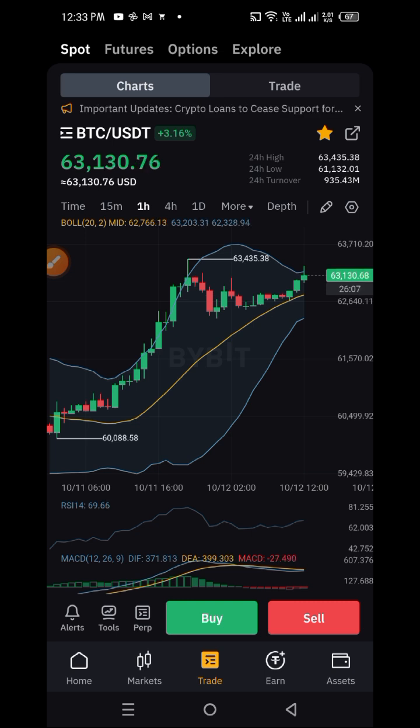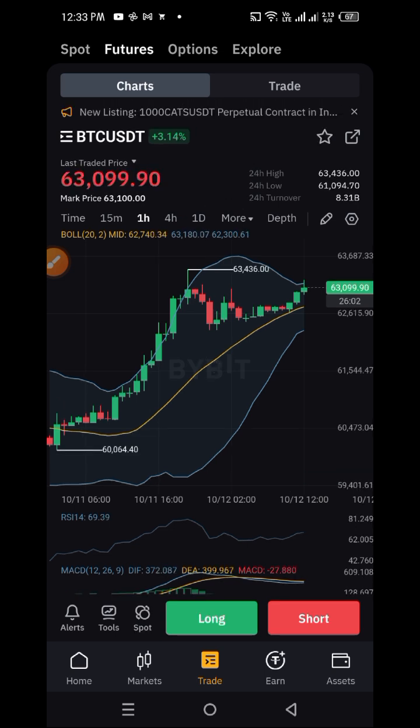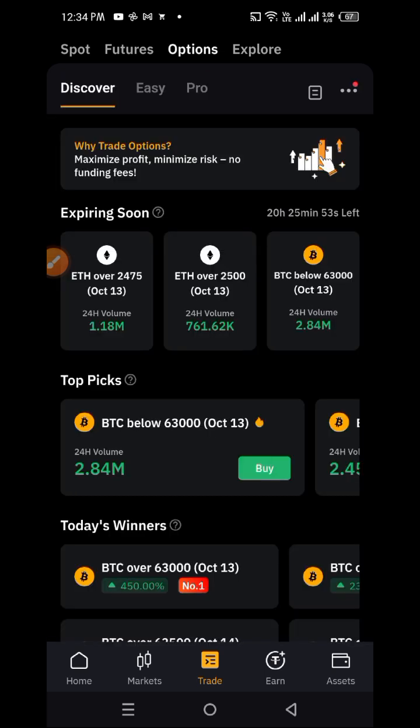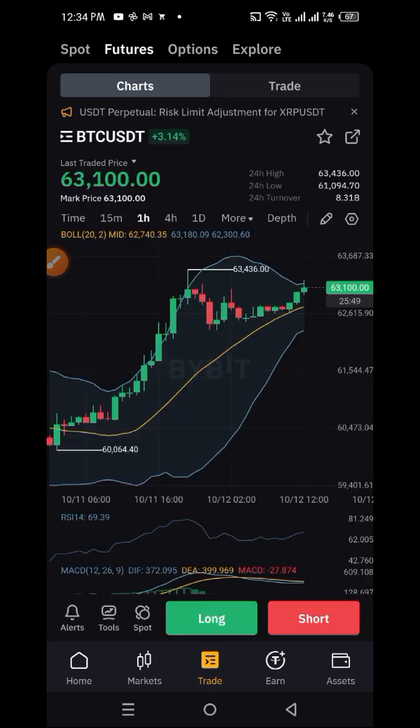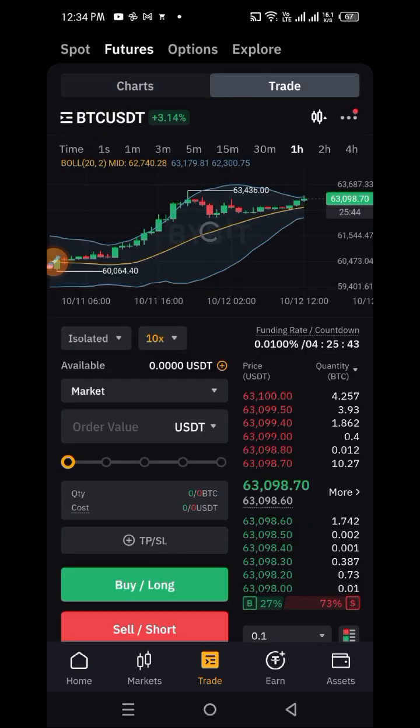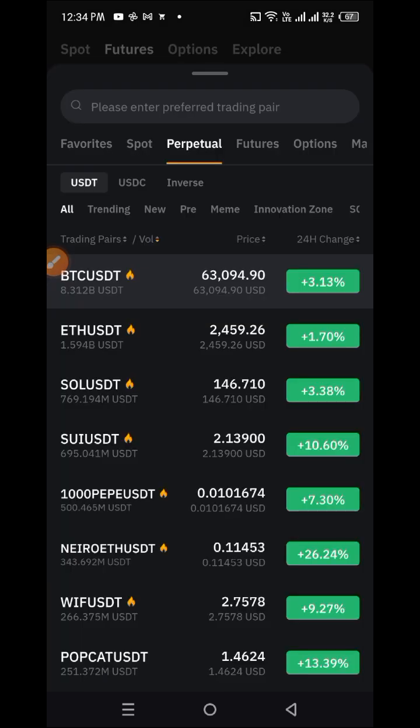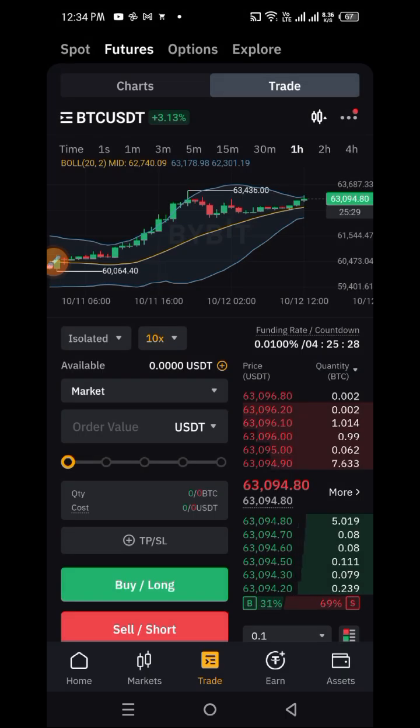But I normally use futures, and what I use is futures perpetual. You can see it here. When you want to select the pairs you want to trade, this is how you select the pairs.